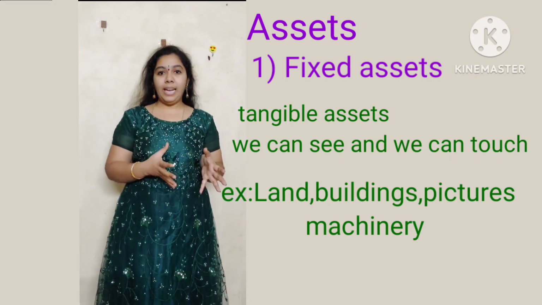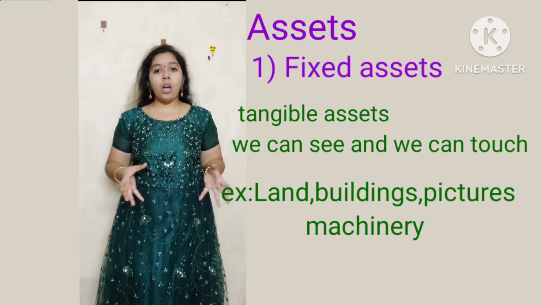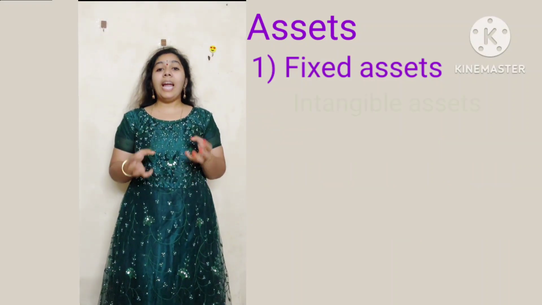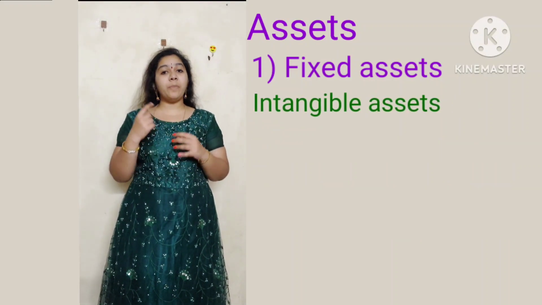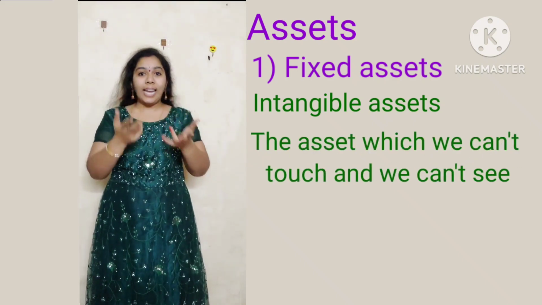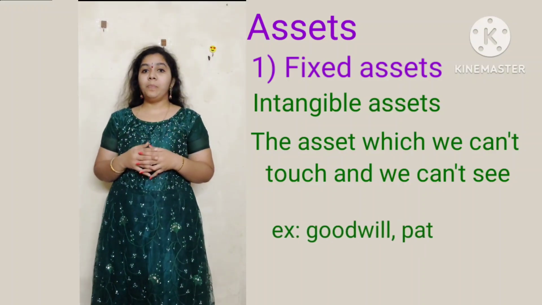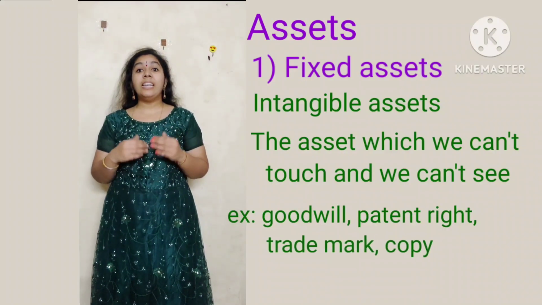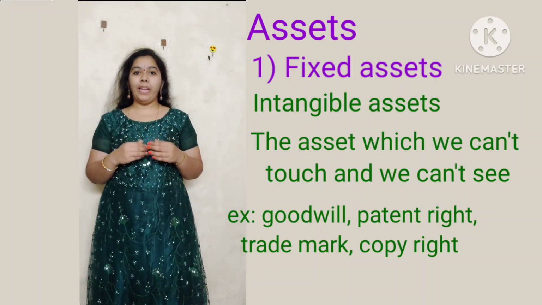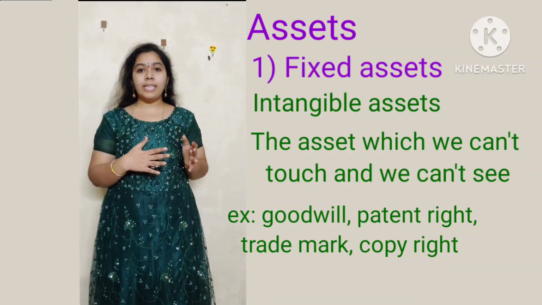Land, buildings, furniture, machinery, all are tangible assets. And intangible assets means the assets which we can't see and we can't touch, like goodwill, patent rights, trademark, copyright. These are the intangible assets.